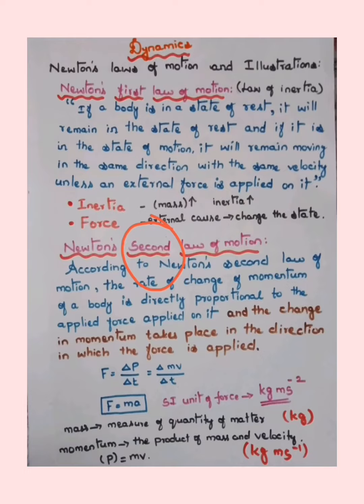The first thing we must remember is that Newton's second law is F equals ma, something related to force. And there is a word called momentum here in the second law. F equals ma, where a is acceleration and m is mass. This mass is related to momentum. Let's see how.